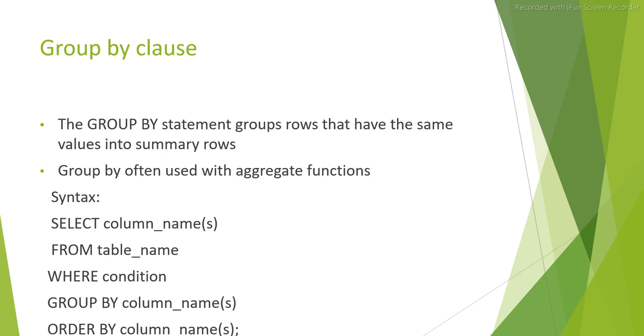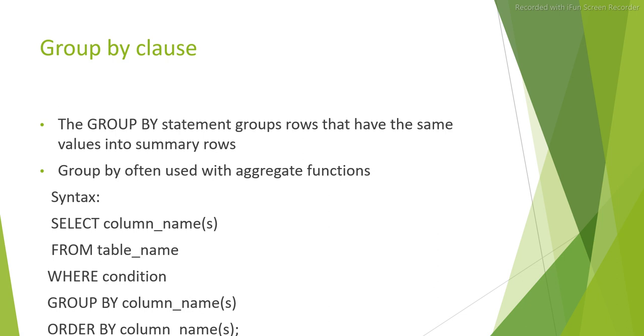Previously we looked at the order by clause, which basically sorts the data in ascending or descending order. But what is group by? As the name suggests, group by is grouping the data on certain common values.